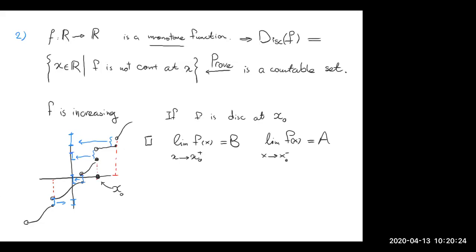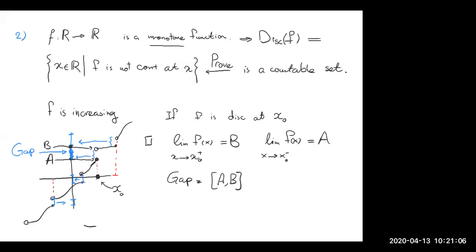Okay, so when we look at the point x naught, there is a limit from left, which at this point is the limit from left. I'm assuming this number is a. And then there exists a limit from right, which is this number, which I'm assuming is b. And this gap, this blue gap, which I'm showing here, is actually equal to the interval from a to b.